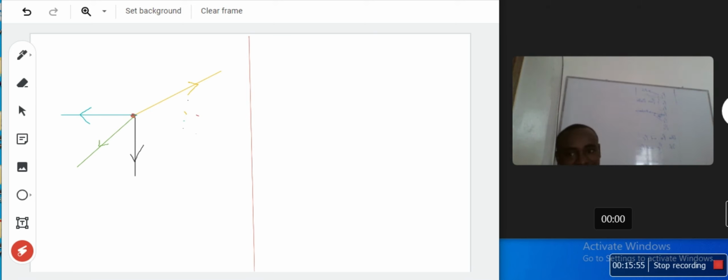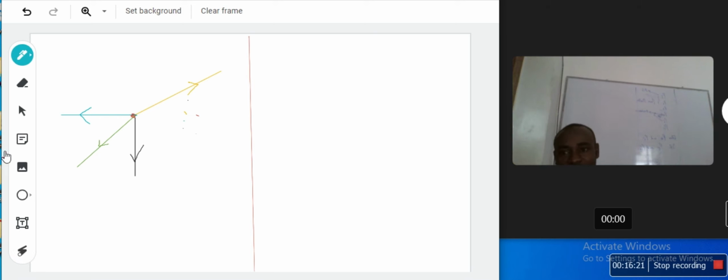The black is perpendicular to it, so it will not require resolution. Meaning we don't need to split it. All other forces that are neither parallel to the plane of reference nor perpendicular to it will be split or resolved. So yellow will be resolved, green will be resolved, split, and then we give some part to horizontal and some part to vertical.